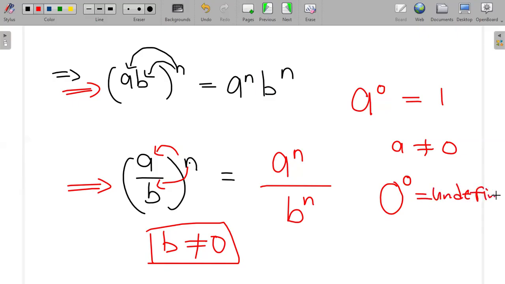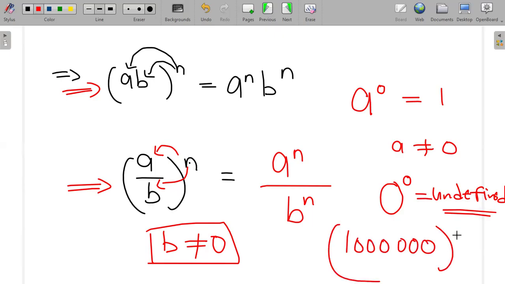It's not 1. So any number apart from 0, if you raise it to the power 0, it's going to give you 1. So if you want, you can put 1 million to the power 0.